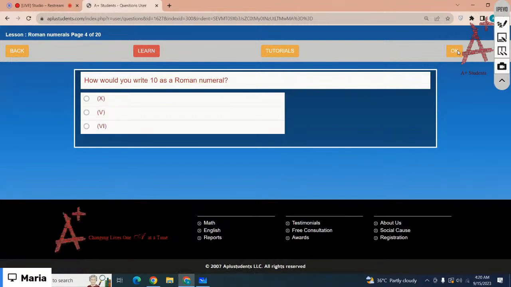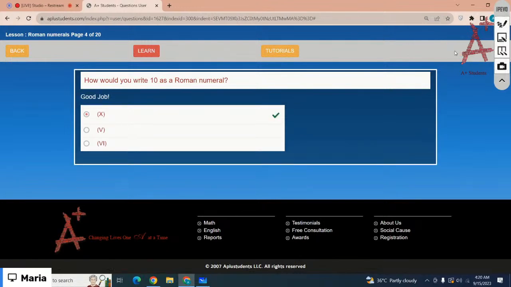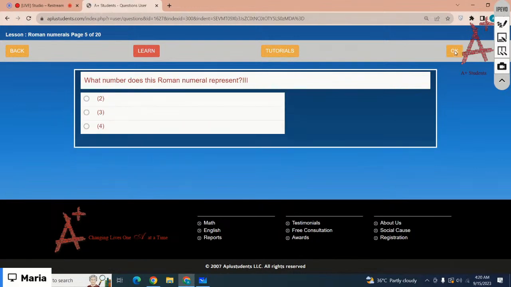How would you write 10 as a Roman numeral? Which is the correct option? The correct option is option number 1, right? 10 is represented by X. What number does the Roman numeral III represent?